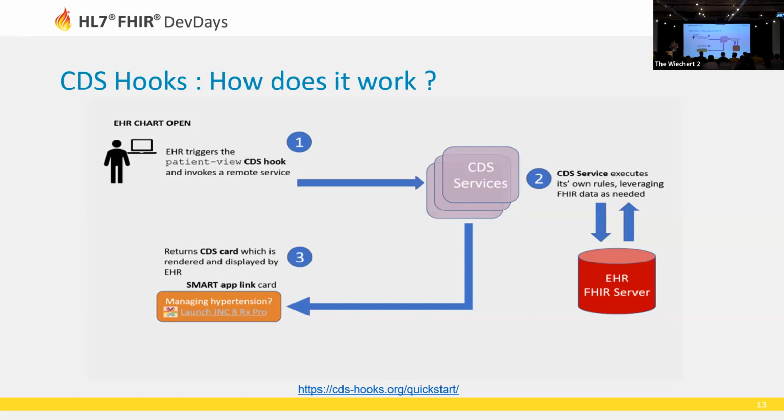And the third type of cards is what's called suggestions. Suggestions are basically: we found out that the patient has diabetes, so we suggest that, for example, you add a condition for diabetes into the medical record of your patient.